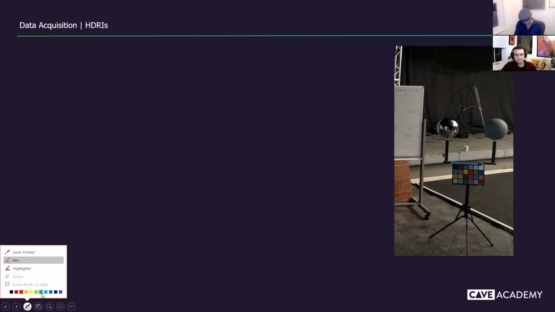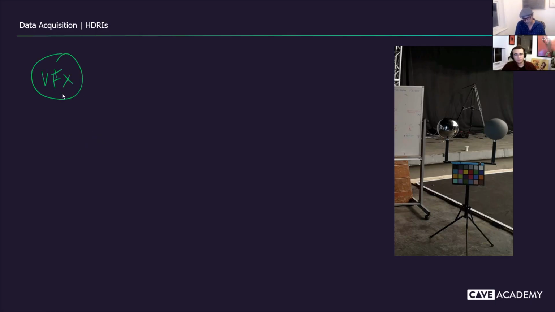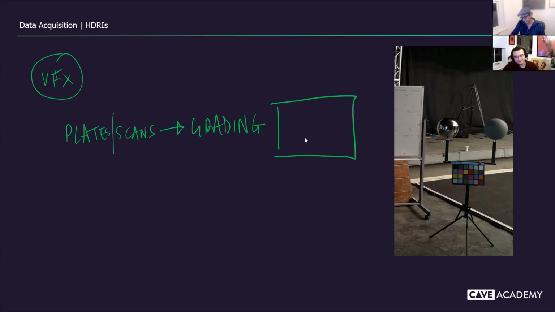So usually on set or in VFX production, when the plates come in, or the scans, whatever you want to call them, they'll go to the grading team. Sorry, this is a bigger answer now. I don't know if this is too big, but I apologize. They'll go to the grading team, and the grading team will use the Macbeth chart to create a neutral grade for the sequence.